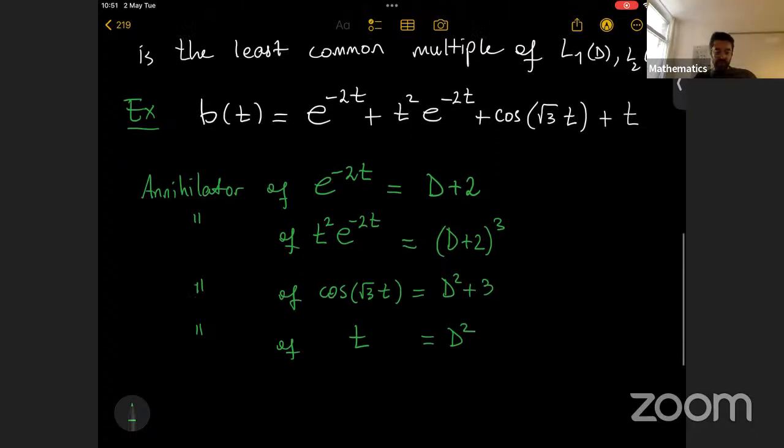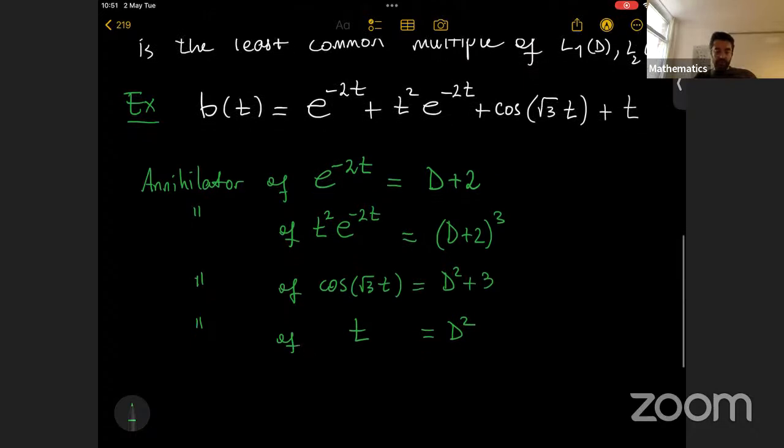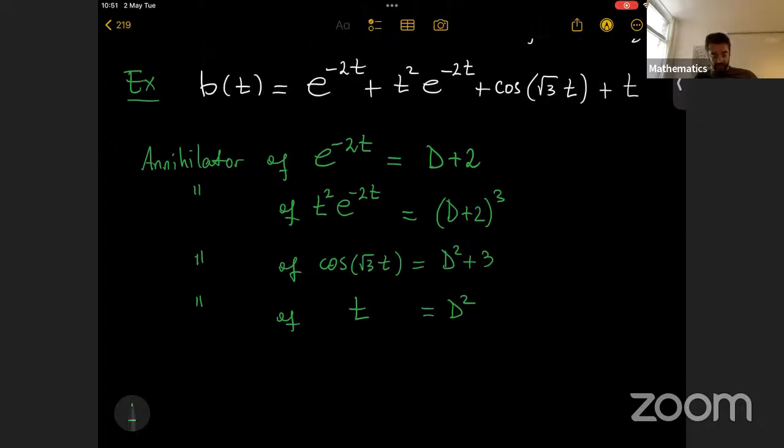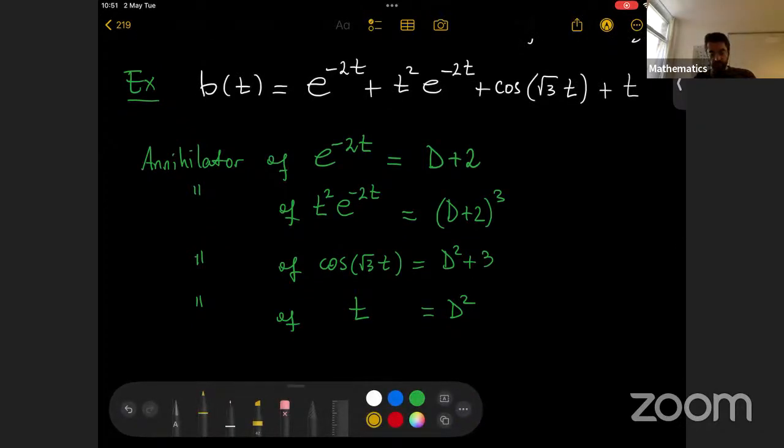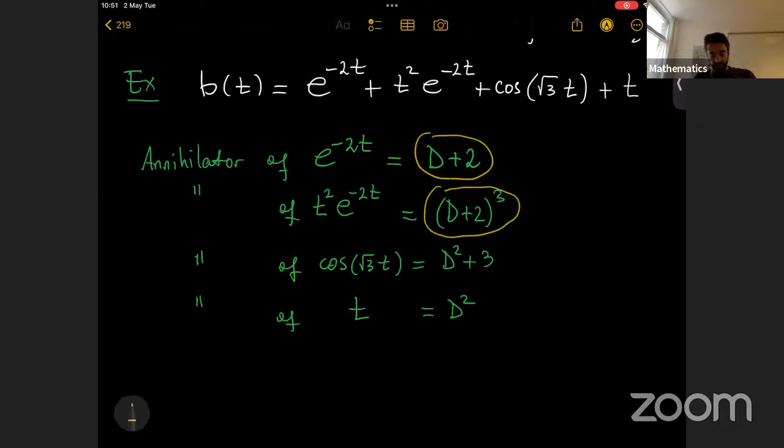So what is the least common multiple of these operators here? Well, you see here D plus 2 and (D plus 2) cubed, they are common. D plus 2 is common here.